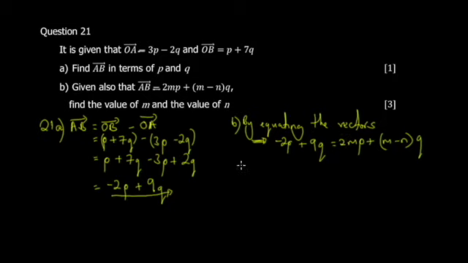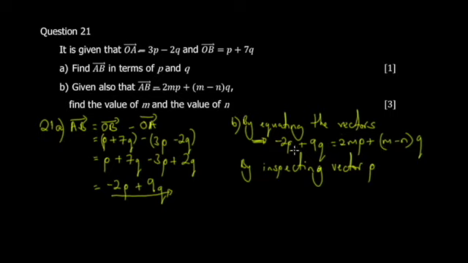So by inspecting vector p, what does it mean? Here you have your vector, you have your vector. These are the same vectors.